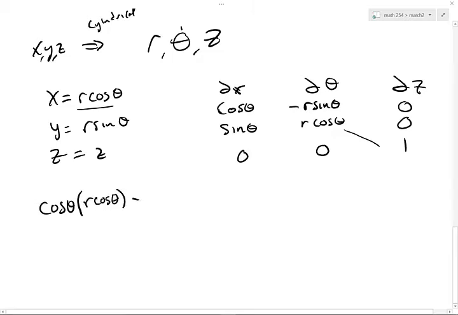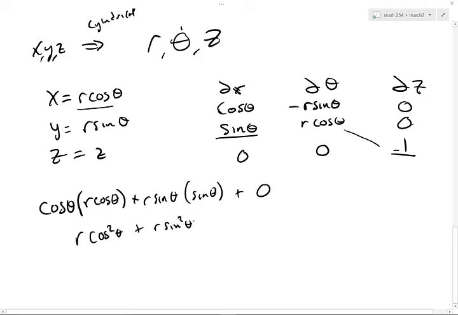Minus, and then it's going to be this top guy, so it ends up being plus, because it's minus and minus, r sine theta, times this guy times 1, so times sine theta, minus 0, of course, so nothing. And then plus 0 times, well, it's 0. Oh, that's handy. We literally did this 5 minutes ago. Well, probably 20 minutes ago. That last problem took a while. But that's definitely a win. Okay, so my Jacobian is r.